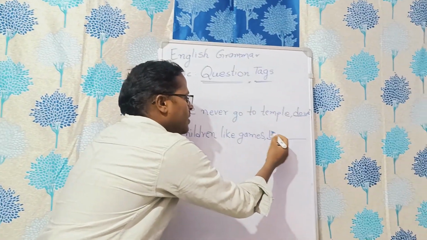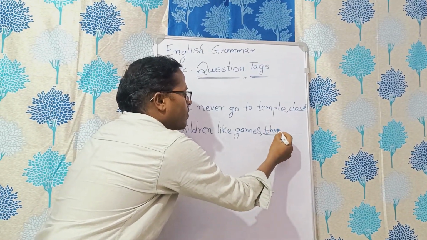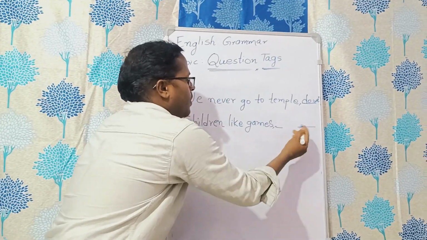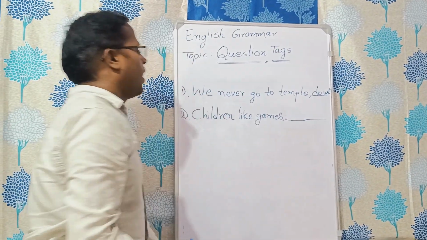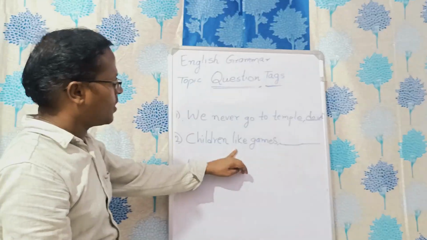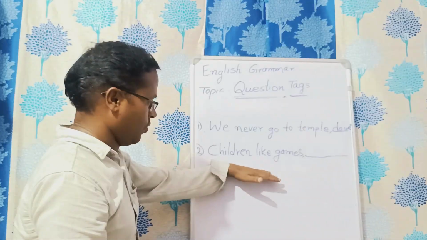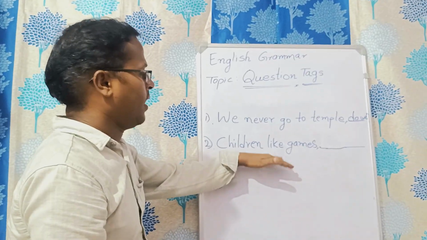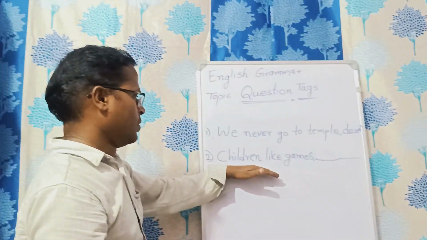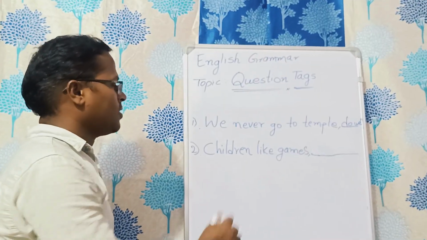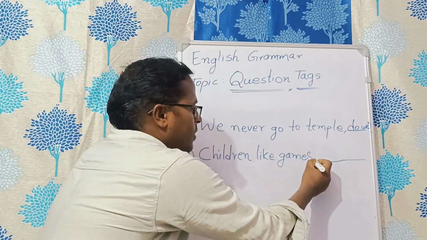"They" is the subject pronoun. And what is the helping verb here? First, the given sentence is positive because there is no negative word, so the question tag will be negative. First we have to add a comma here.